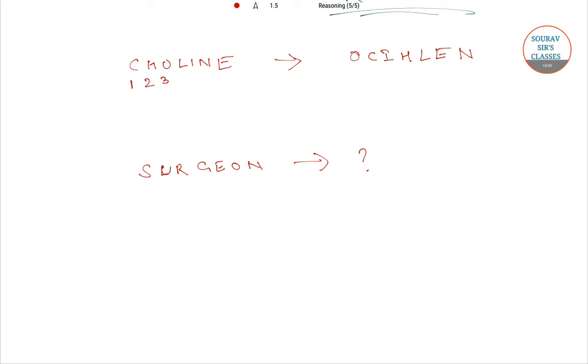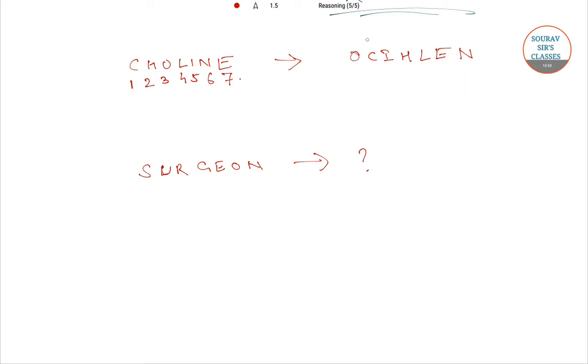Similarly, suppose the word CHOLINE is coded as OCIHLEN. So we have to find how SURGEON is coded. Now again, just like the previous example, denote a number to each of the letters. So C is 1, H is 2, O is 3, L is 4, I is 5, N is 6, E is 7.